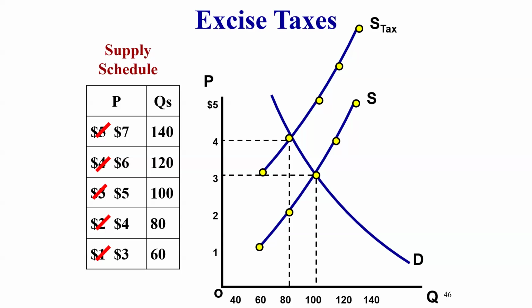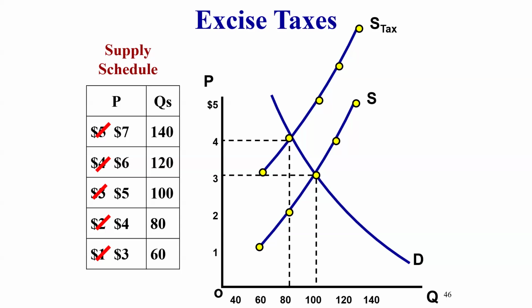If I had a question like this, I go to the new equilibrium, draw the line down and then across, that's your tax revenue box. Your consumer surplus is on the top of the box, your producer surplus is on the bottom of the box. This is your deadweight loss.